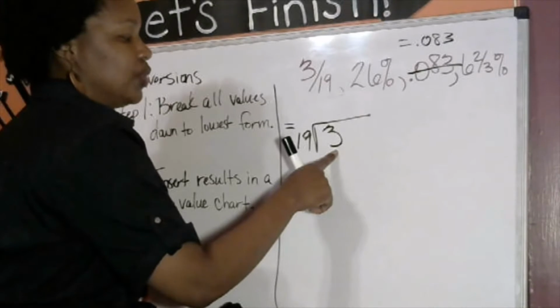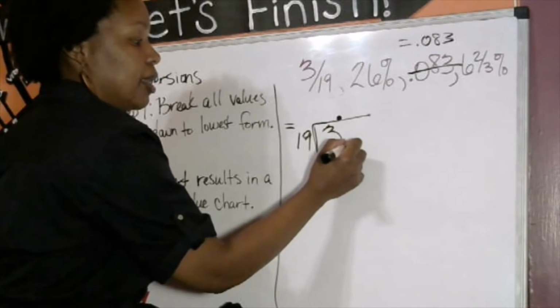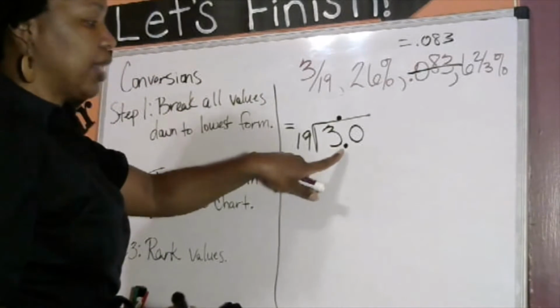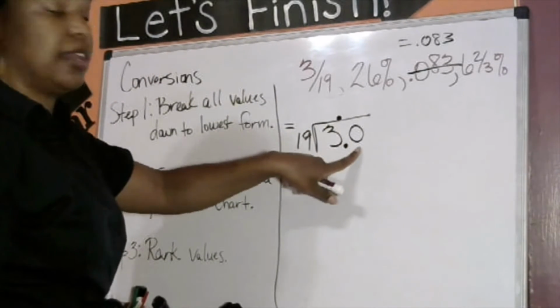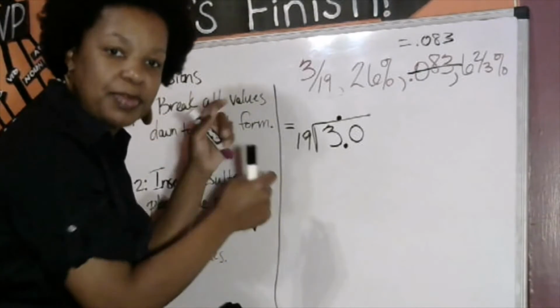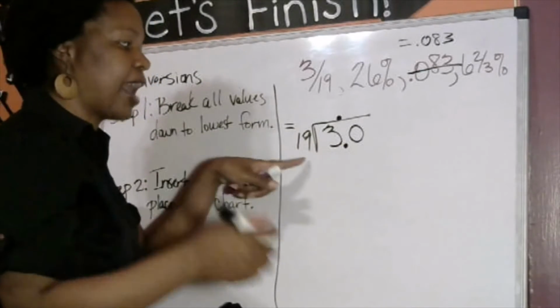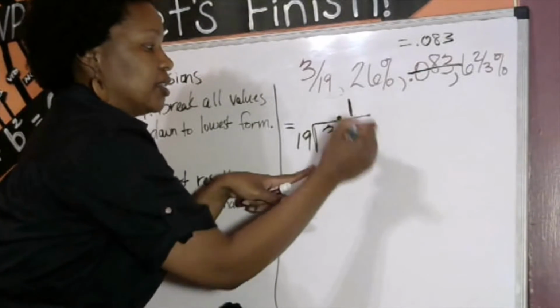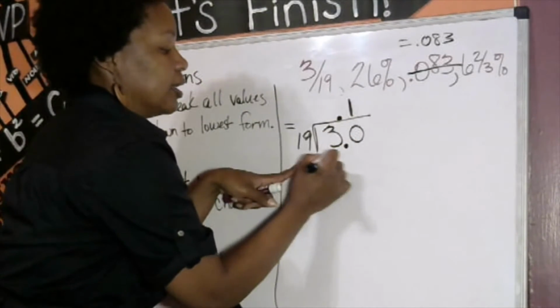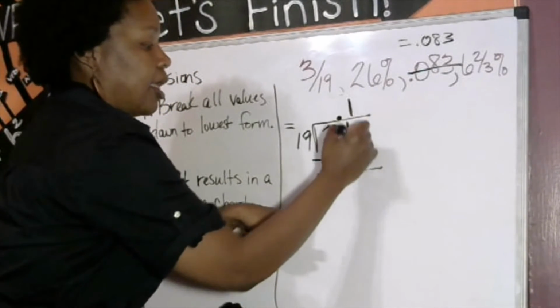And since you can't work 19 into 3, we add a decimal and then add a 0. Now we get what appears to be 30. We have a modified 30 here, right? And 19 goes into that once. 19 times 1 is 19. Now we want to subtract.